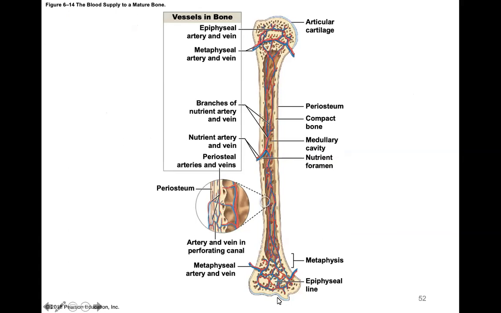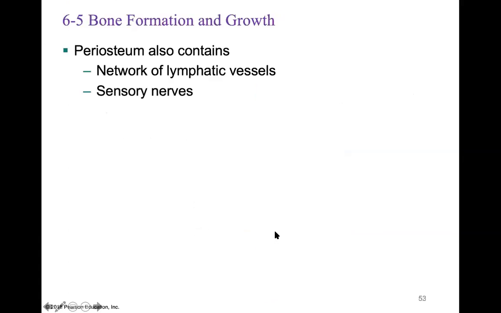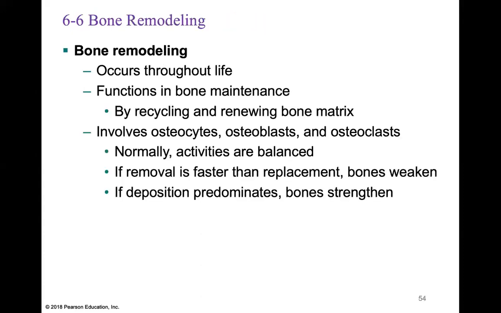But one thing I hope you realize is that bone is a very, very highly vascularized tissue. The periosteum will also contain a network of lymphatic vessels and sensory nerves. Within that periosteum, you have these important components such as blood vessels, nerves, lymphatics. This is how they're entering into that tissue.